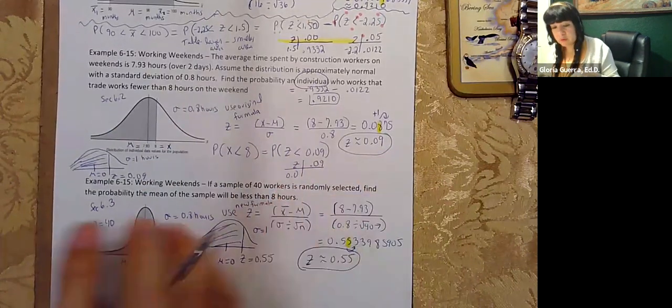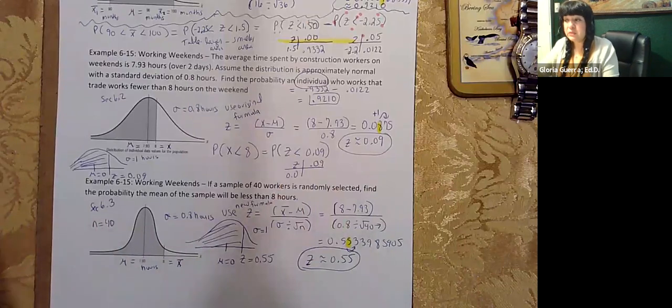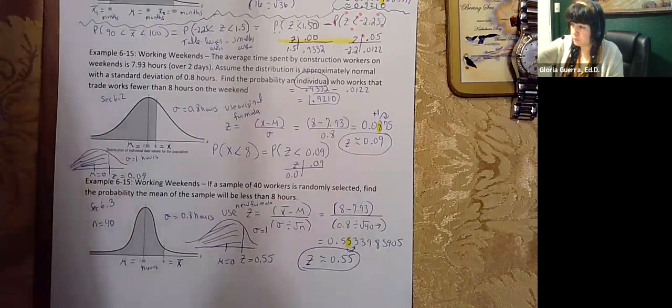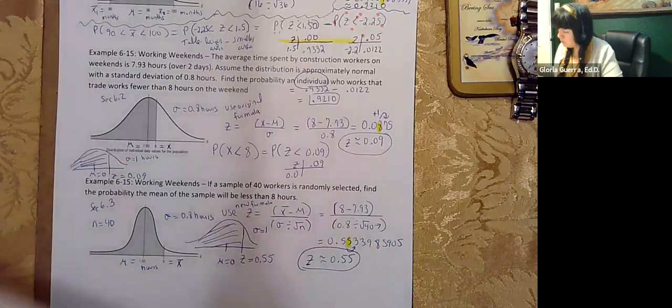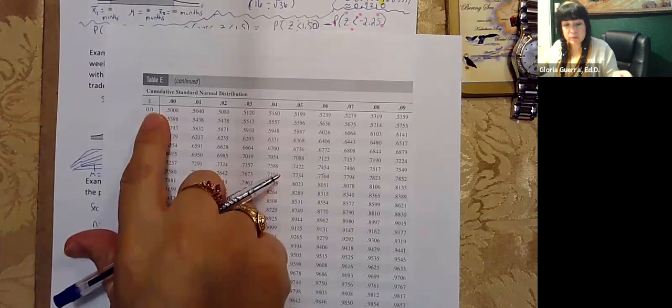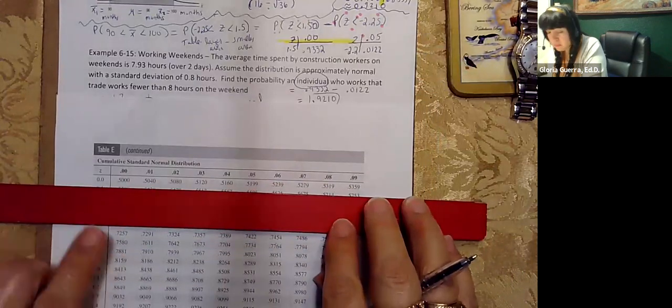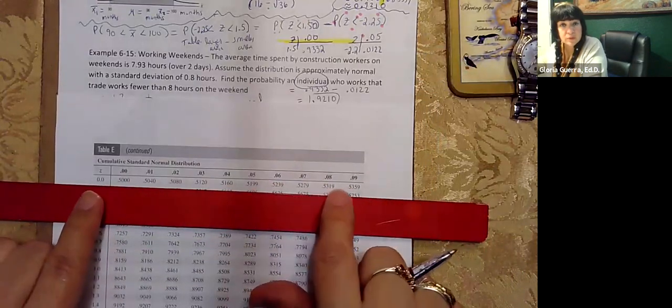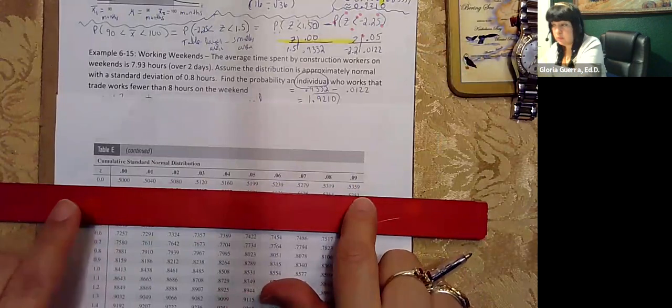Okay, so when we look that up on the positive side, 0.0 and then 0.9. I don't think I really need a ruler for this one, but see 0.0 and see way over here. It's that number. Can you see that number?